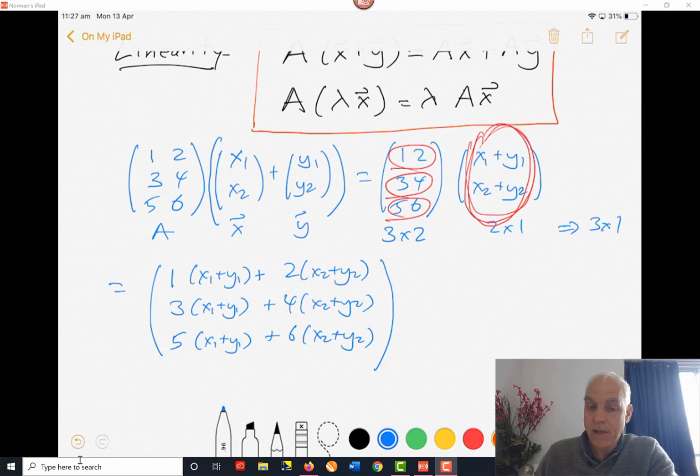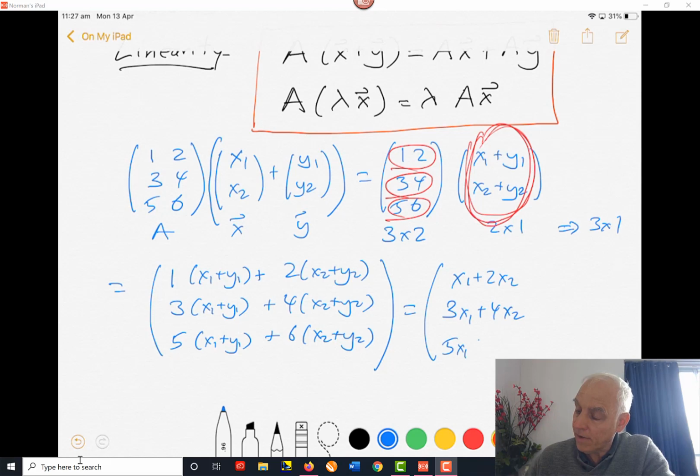Great. Okay, now we can, however, rewrite that as the vector x1 plus 2x2, 3x1 plus 4x2, 5x1 plus 6x2, plus the corresponding vector in the y's: y1 plus 2y2, 3y1 plus 4y2, and 5y1 plus 6y2.